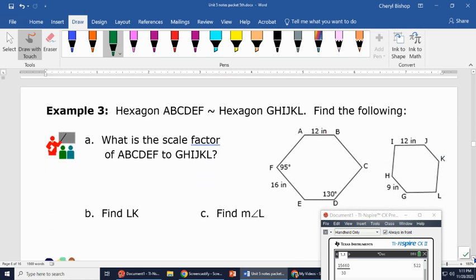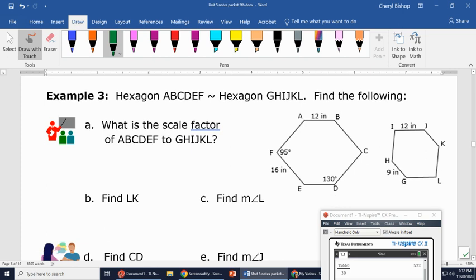All right, hexagon ABCDEF is similar to hexagon GHIJKL. Find the following. What is the scale factor? Okay, so remember, our scale factor is found using corresponding sides, right?